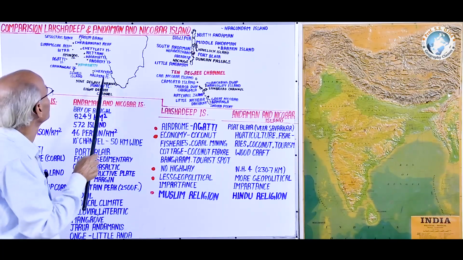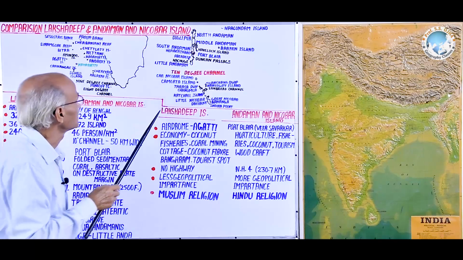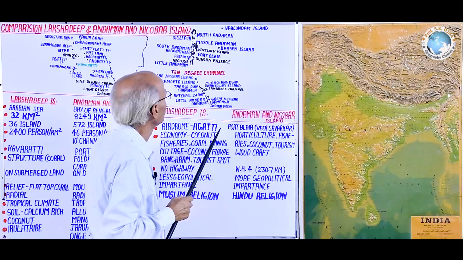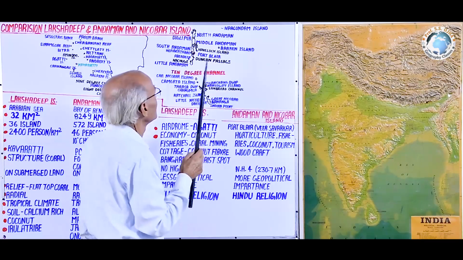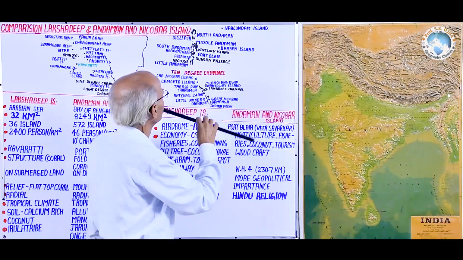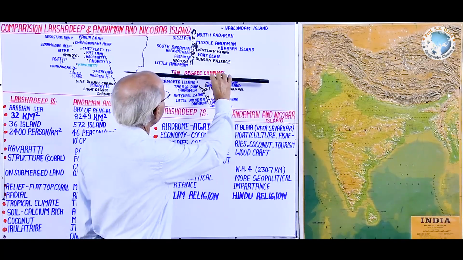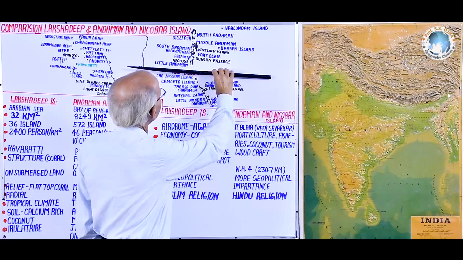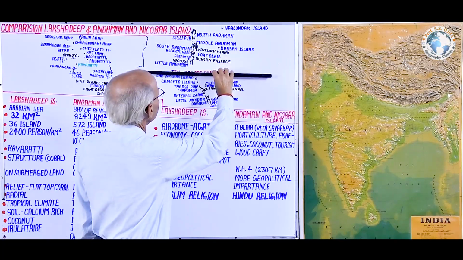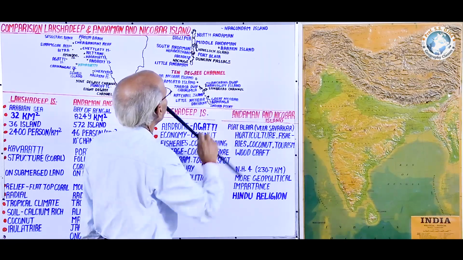After keeping this map in mind, let us keep the map of Andaman and Nicobar in mind. This Andaman and Nicobar is a group of islands of the Indian Union Territory. Here it is the 10-degree channel, to the north of which are the Andaman Islands. To its south are the Nicobar group of islands.